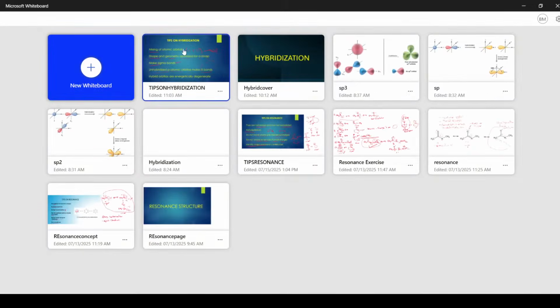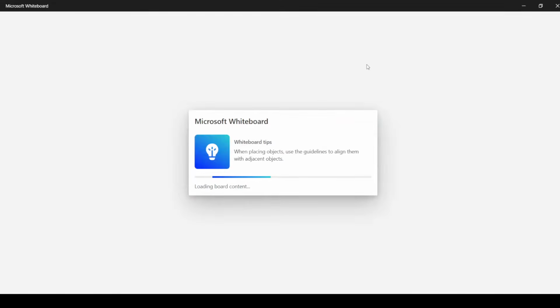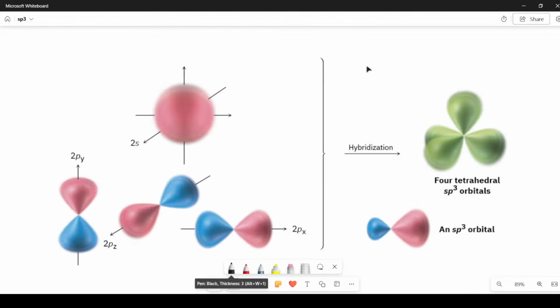So let's look at some examples of real-life atomic orbitals making hybrid orbitals, starting with sp3. As you see here, you have three p orbitals, in the py direction, the pz direction, and the px direction.